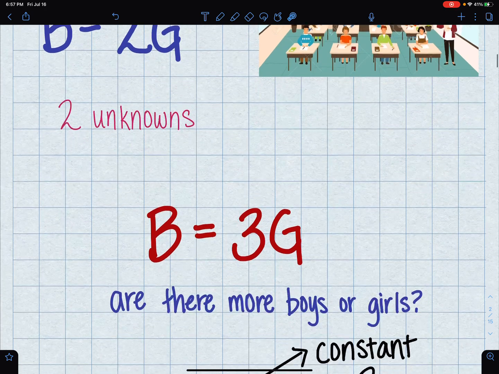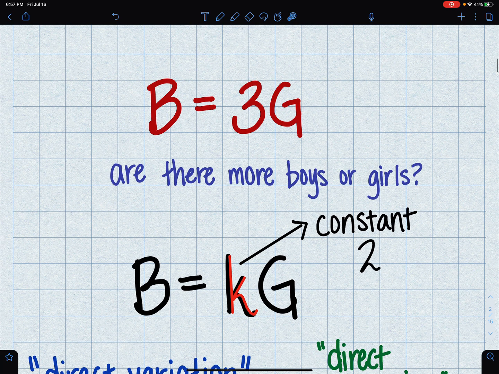Now, if there's another classroom, there might be 3 times as many boys as there are girls. You would probably not like that situation because there's not enough girls to go around with all the boys if they pair up. So in this situation, it's even worse for the boys than just twice as many, because there's 3 times as many boys as there are girls.